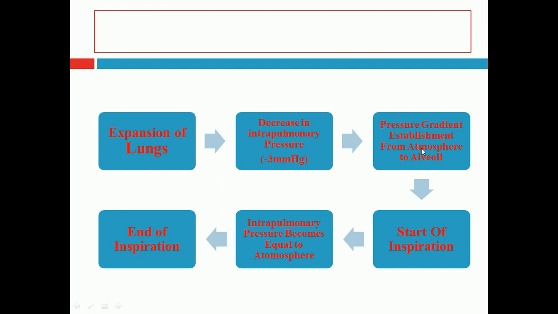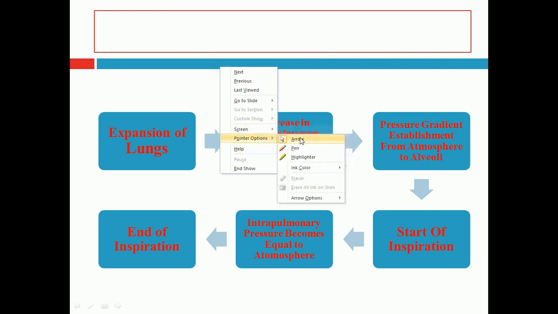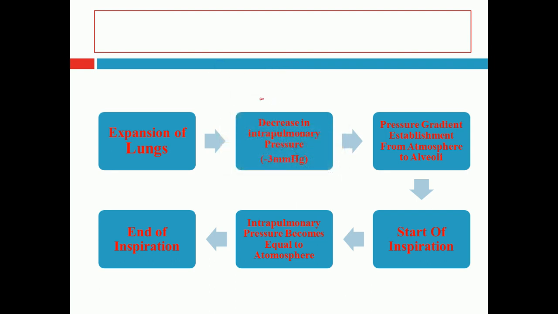Then the pressure gradient is established from the atmosphere, because the atmosphere has 760 mm of mercury, while this becomes 757 millimeter of mercury.